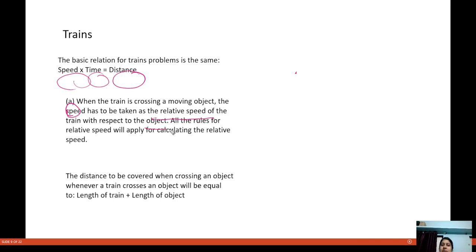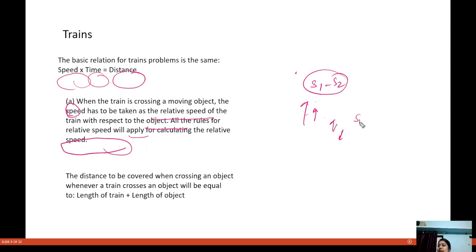The speed has to be taken as relative speed of the train with respect to the object. If the train and the object are moving in the same direction, your speed will be s1 minus s2, depending on which is traveling faster. If they are moving in opposite directions, then you will write s1 plus s2. The same concepts that we studied in relative speed will be applicable here.